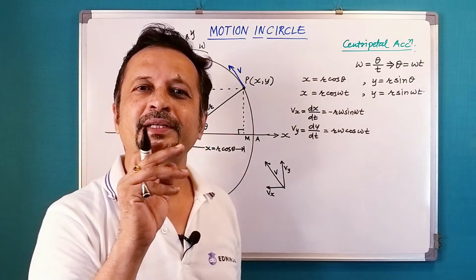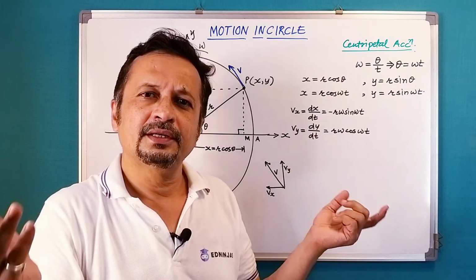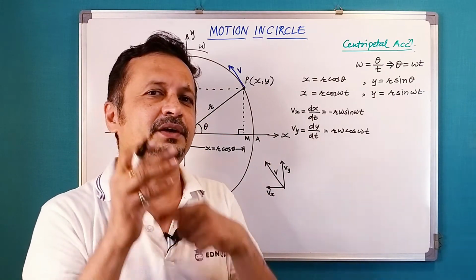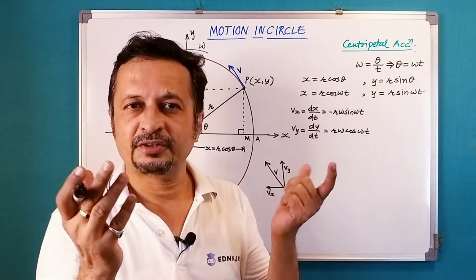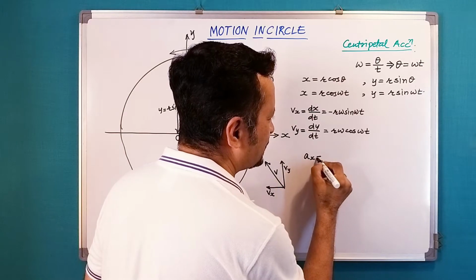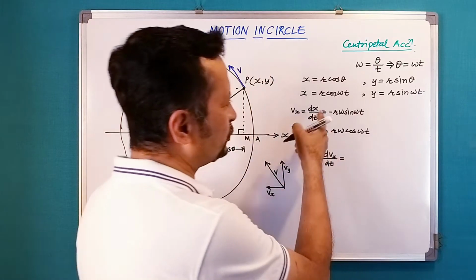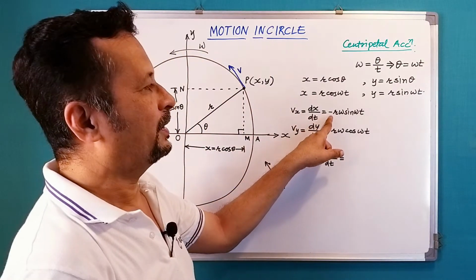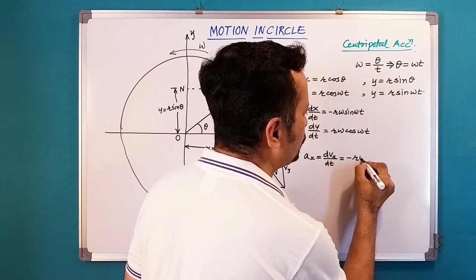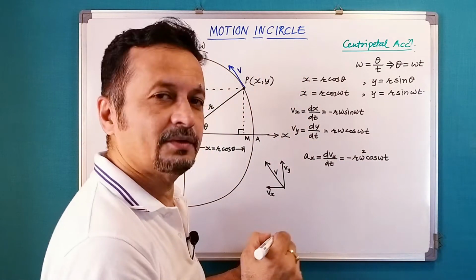Now I want to get the linear acceleration. So what do I do for that? I will differentiate velocity, isn't it? If I differentiate Vx, I will get acceleration in the x direction, and when I differentiate Vy, I get acceleration in the y direction. So my ax is equal to dVx by dt, and differentiating minus r omega sin omega t, it becomes minus r omega square cos omega t, correct?